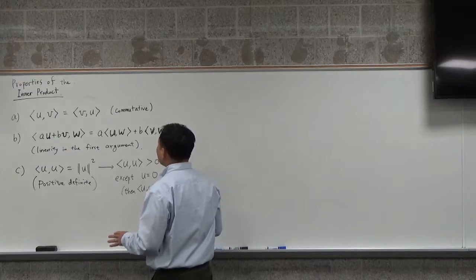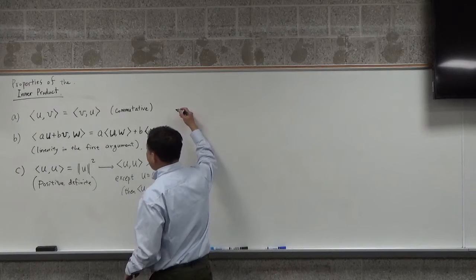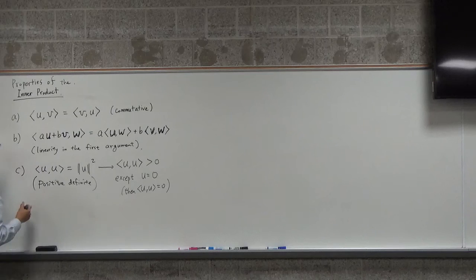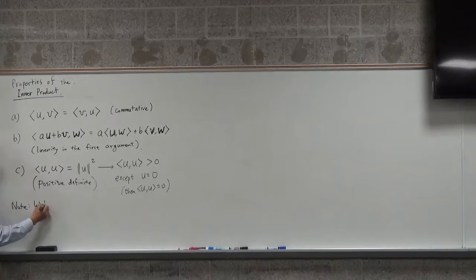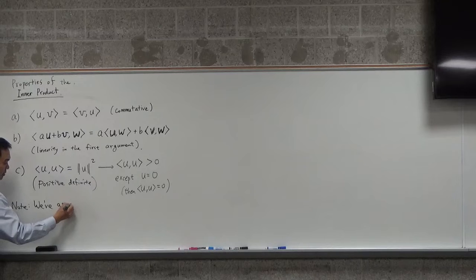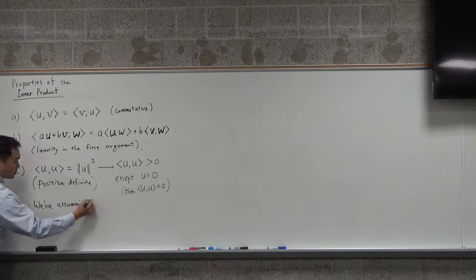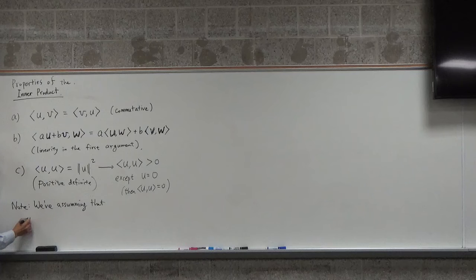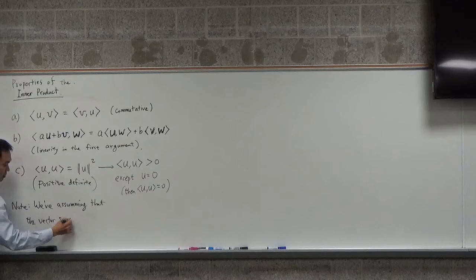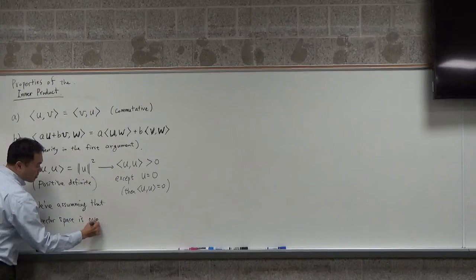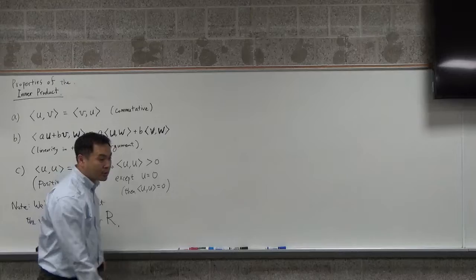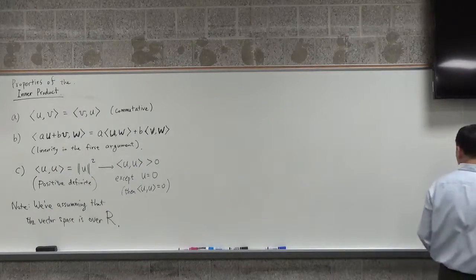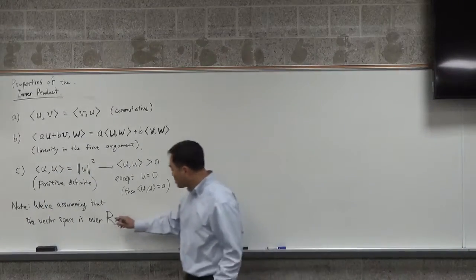Okay, so note, however, here we are assuming that the vector space is over the scalar field R. Usually you put an extra bar here.